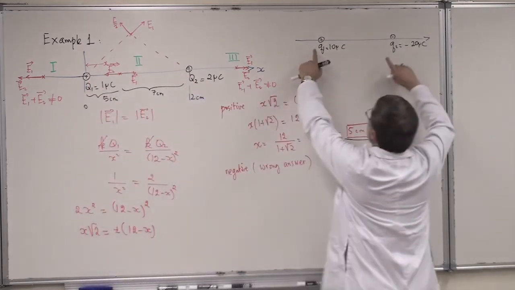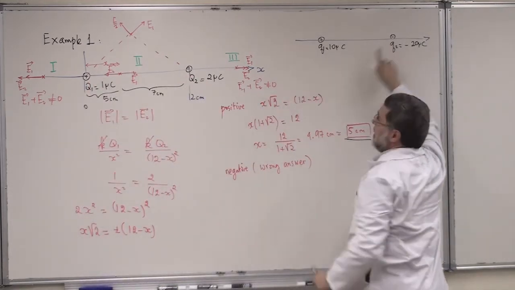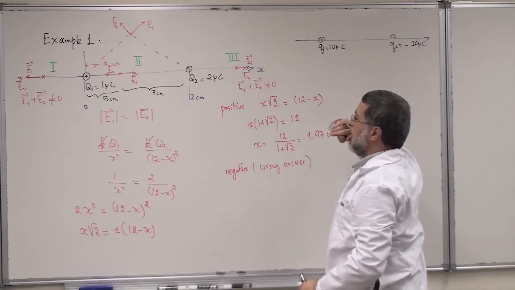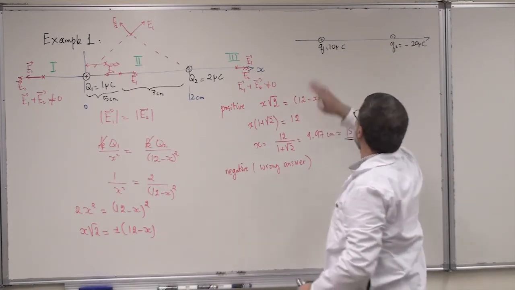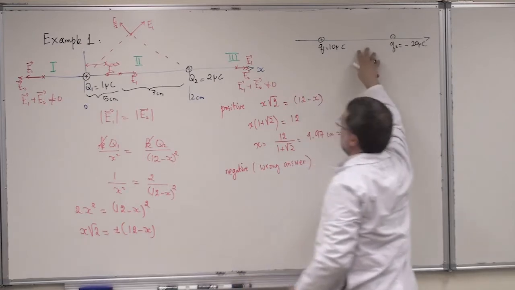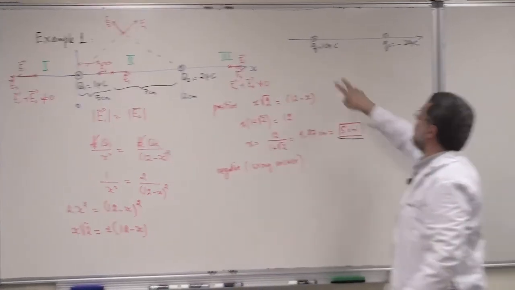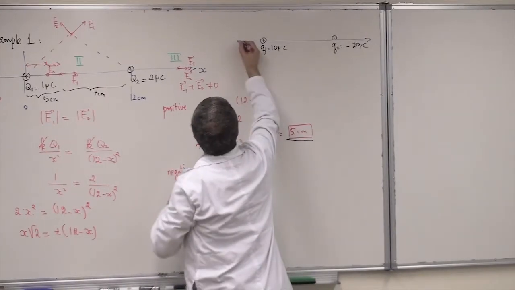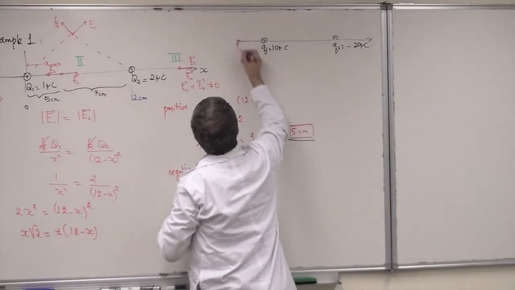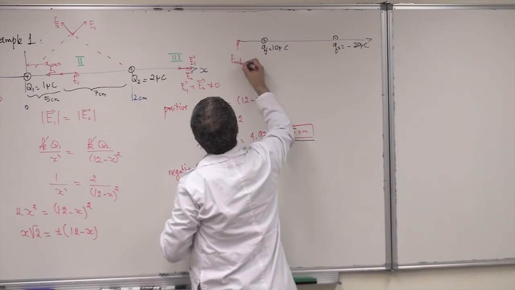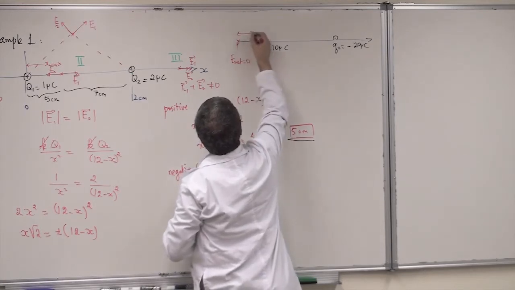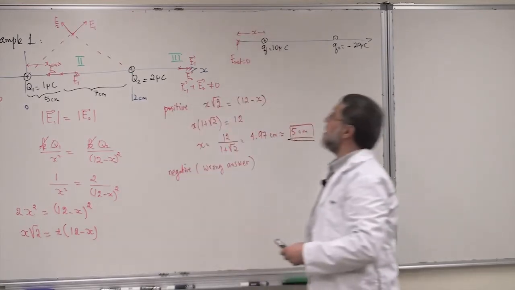But if one of them is positive and the other one is negative, the point where the net electric field will be 0 will be outside the charges, not in between, and it will be closer to the charge which is smaller in magnitude. So my point will be here. This is a point where the electric field E net will be equal to 0, and I call this distance x, and you solve in the same way.